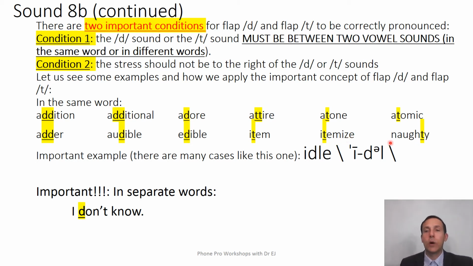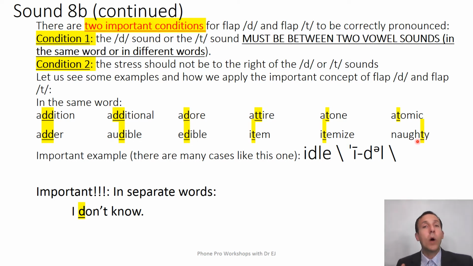Now, the last one. This one is interesting. I really like it because condition number one states that the t sound has to be between two vowel sounds. And sometimes students look at it and say, okay, this is e, so that's a vowel sound, but this is h.